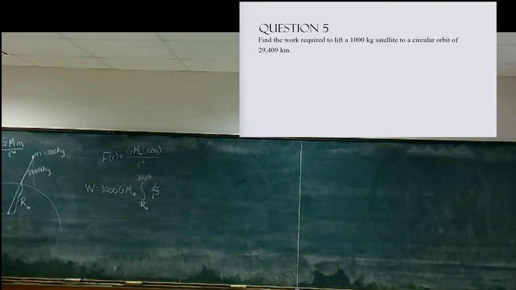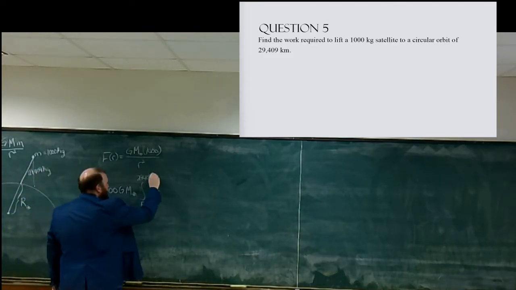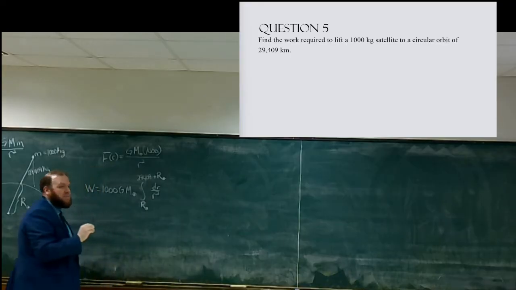I'm assuming that the surface of the Earth is completely flat, so it's not like there's a mountain that increases the elevation. Because if we were launching from a specific height off the surface, then we wouldn't be starting at the radius of the Earth. It would be the radius of the Earth plus whatever the elevation is. So I'm oversimplifying this. And then yes, this would be that plus the radius of the Earth.